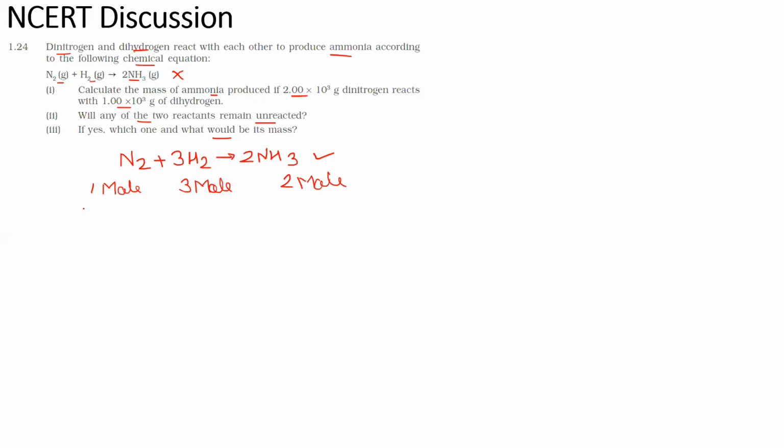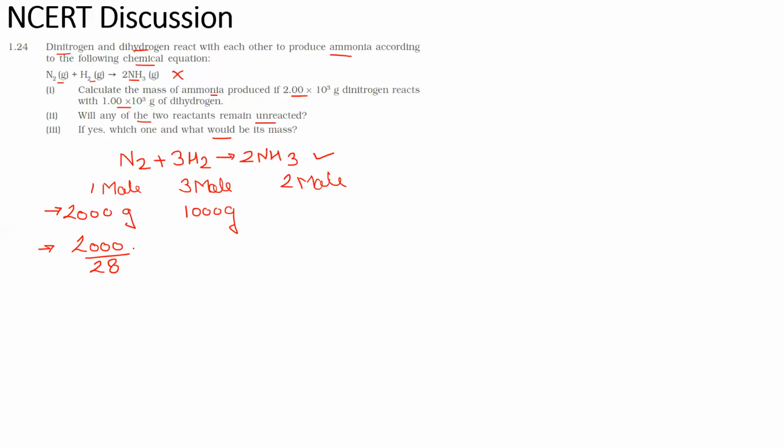In the question, what is given to me is 2000 grams of N2 and 1000 grams of H2. So this 2000 grams is how many moles of nitrogen? 2000 by 28, which is the molar mass of dinitrogen.